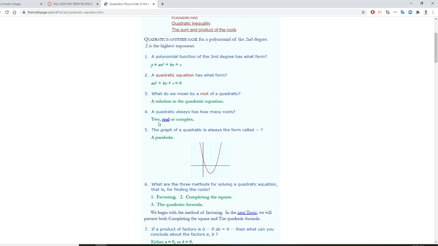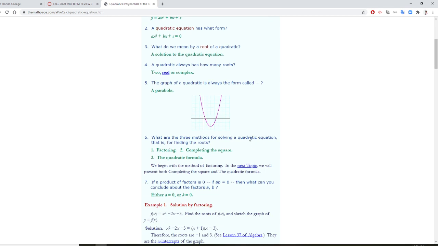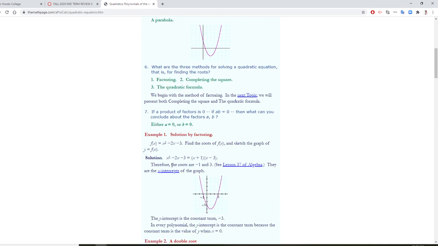And you will have two roots, sometimes only one root, if the two roots are exactly the same. The root is where the graph touches the x-axis, okay? So for example, x squared minus 2x minus 3 factors into x plus 1 times x minus 3. That means x equals 3 and x equals negative 1.